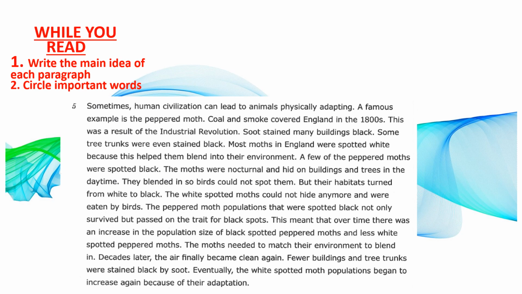The moths needed to match their environment to blend in. Decades later, the air finally became clean. Fewer buildings and tree trunks were stained black by soot. Eventually, the white-spotted moth populations began to increase again because of their adaptation. Pause the video, write the main idea, and circle your important words.